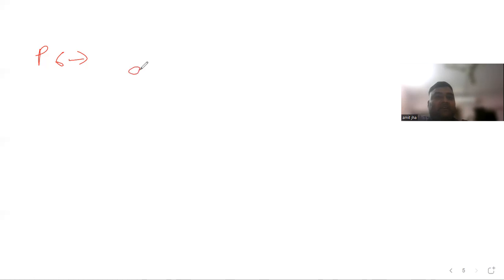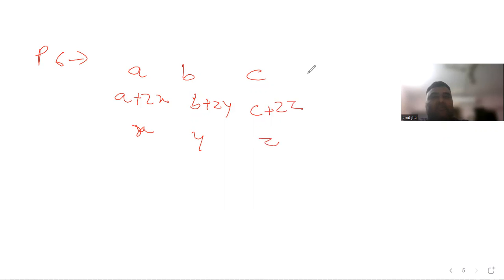That is, if I write like this, A, B, C, suppose now I'm using letters so that it will be more clear. A plus 2x, then it is x, and here it is B plus 2y, and then y, and then C plus 2z, and then z.